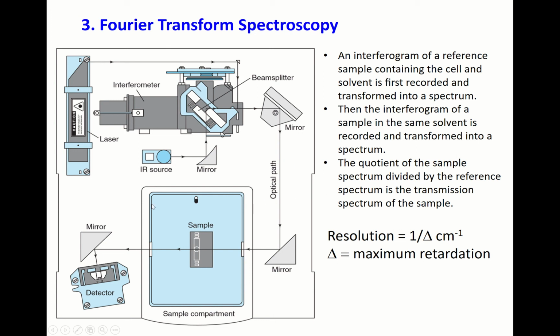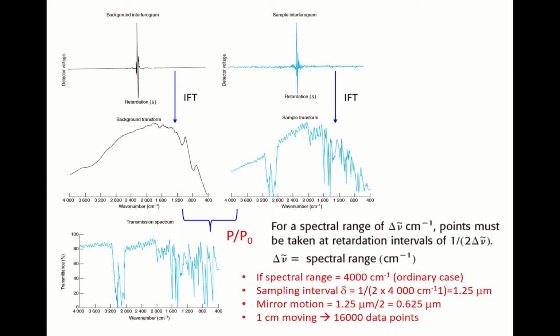That's why FTIR gives you a very detailed spectrum. Even with FTIR, you can differentiate the rotational energy levels.